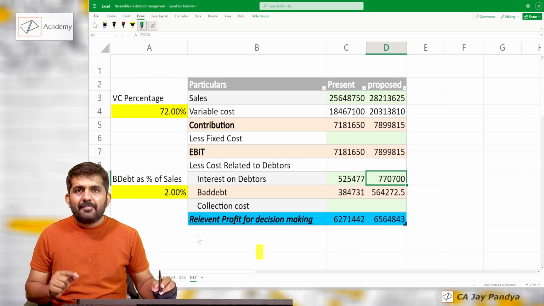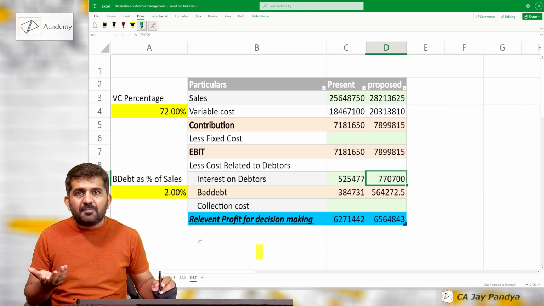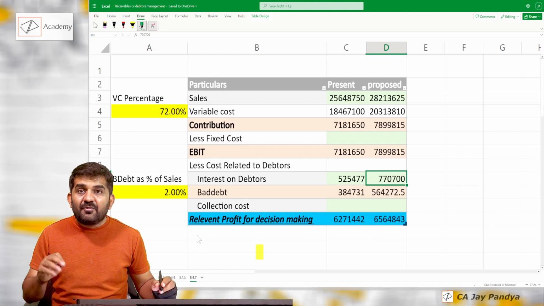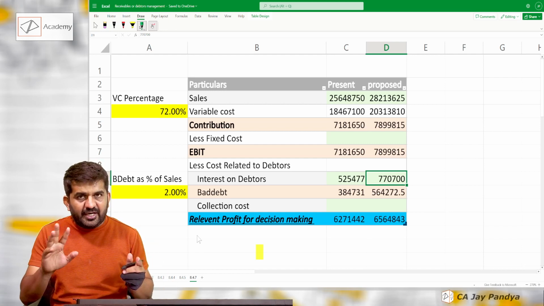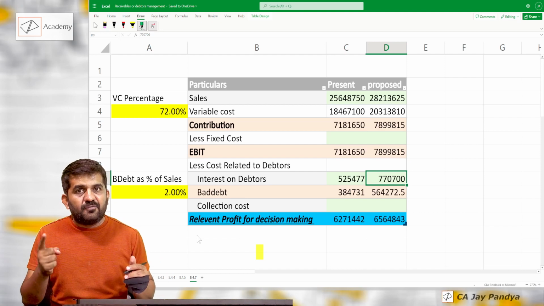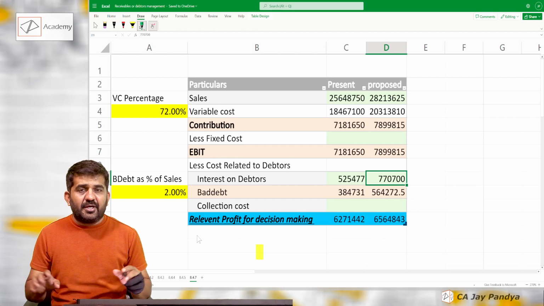Please understand, here we have not even considered fixed cost. There will be fixed cost in the company, but fixed cost is an irrelevant cost. If we calculate interest on debtors on variable cost, then fixed cost is not required.